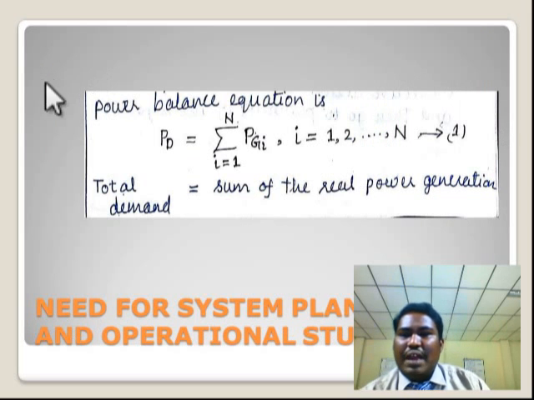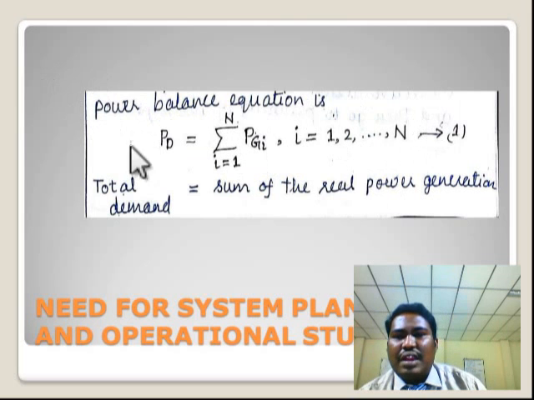The power balance equation is much needed here. Your demand power is equal to the summation of i equal to 1 to n of PGi. Your i moves up to n number of generators, because when human life is extended day by day, it is more and more.